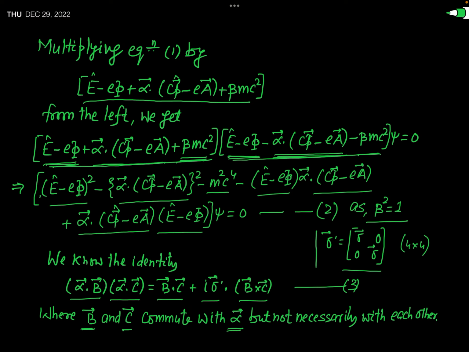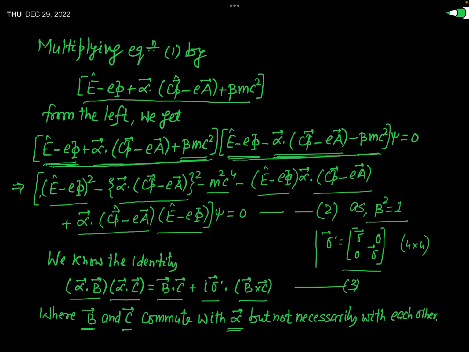So in this identity, now we will take b and c equal to cp minus eA. b is cp minus eA and c is also cp minus eA. We will take it, not on the basis of equation 2, but since our aim is to simplify each term in the LHS of equation 2.